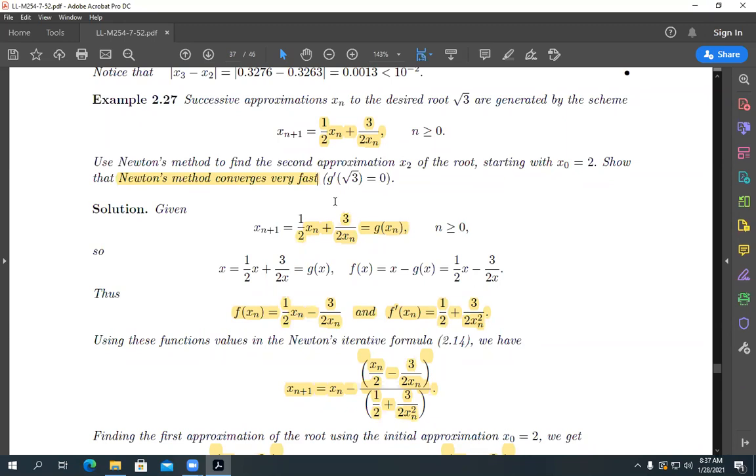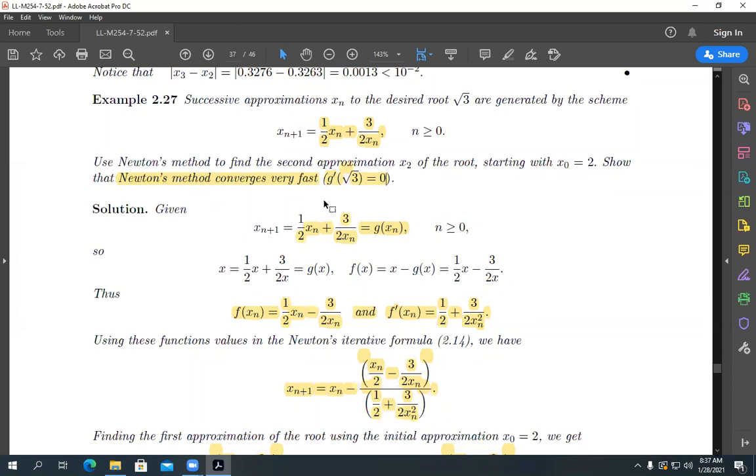I mention it here, but of course in the exam I will not mention it. I only say show that the Newton method for this problem is very fast.